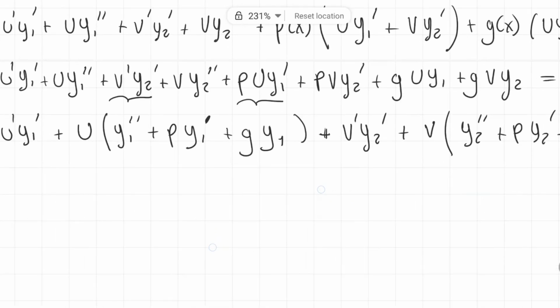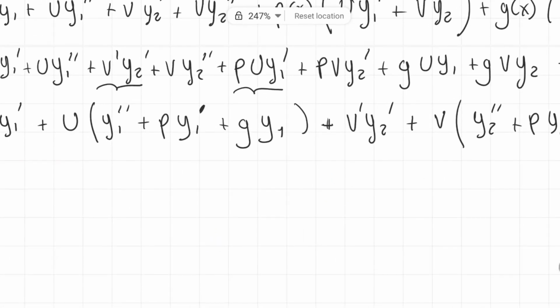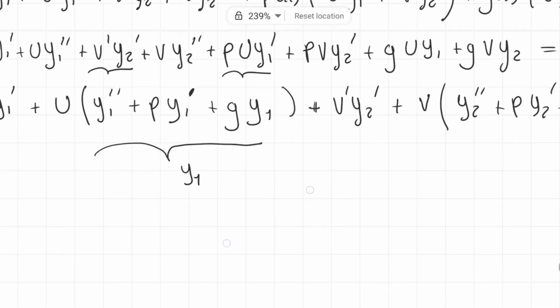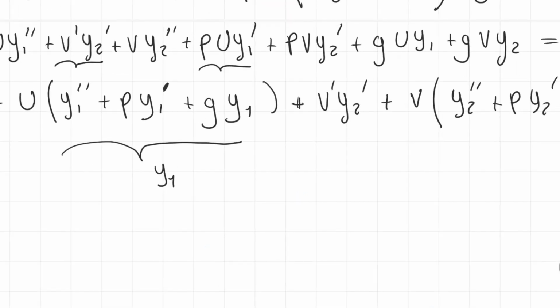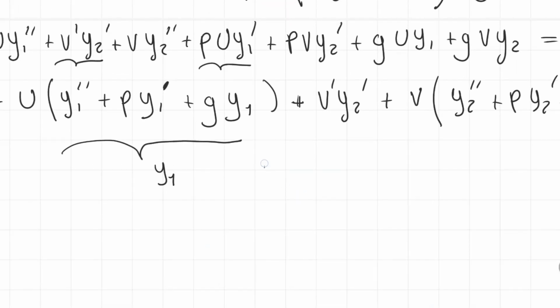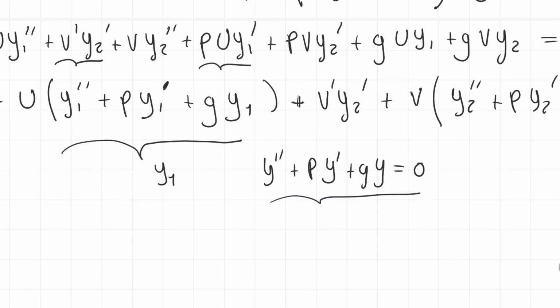But look, what we established at the beginning of the video is that y1 is a solution of the homogeneous equation. I recall that equation was y double prime plus p y prime plus g y equals 0. And we said that two solutions for this homogeneous equation are y1 and y2.